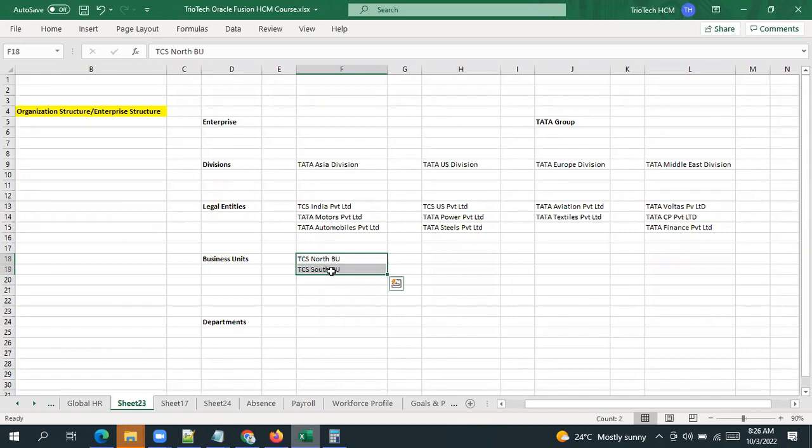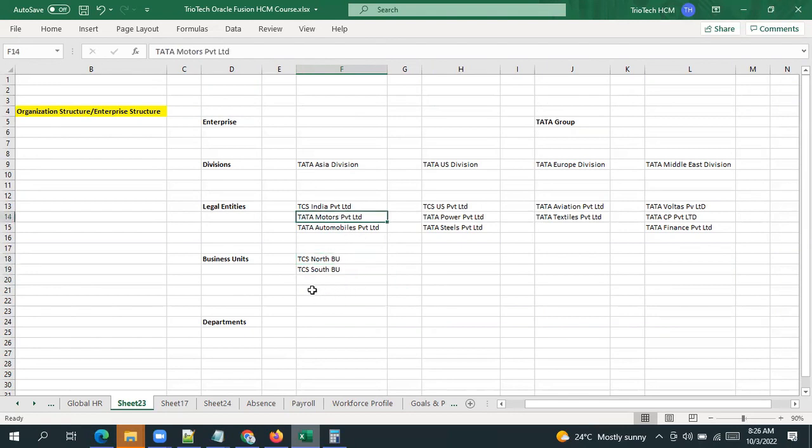They are operating into two business units after the company team. So TCS India Private Limited is a company, as a legal entity. Under that, they have two business units team, that is called TCS North BU and TCS South BU. They are having their operations maintained according to these two business units in the country team.